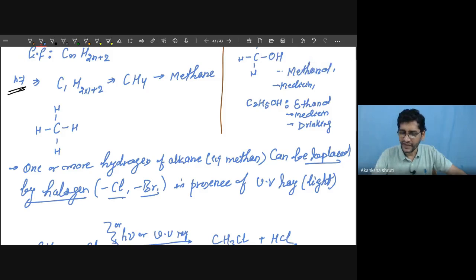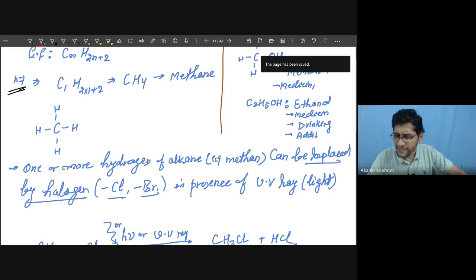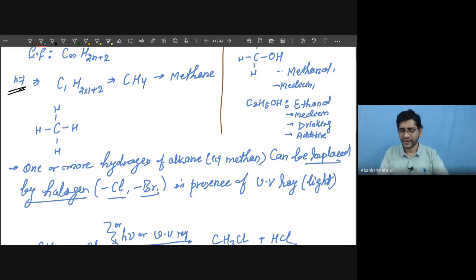Other one is, this is used as an additive in our petrol. Additive means in petrol 5% of this, say in 100 liter of petrol, 5 liter of this ethanol can be added. That gives better performance to the vehicle.